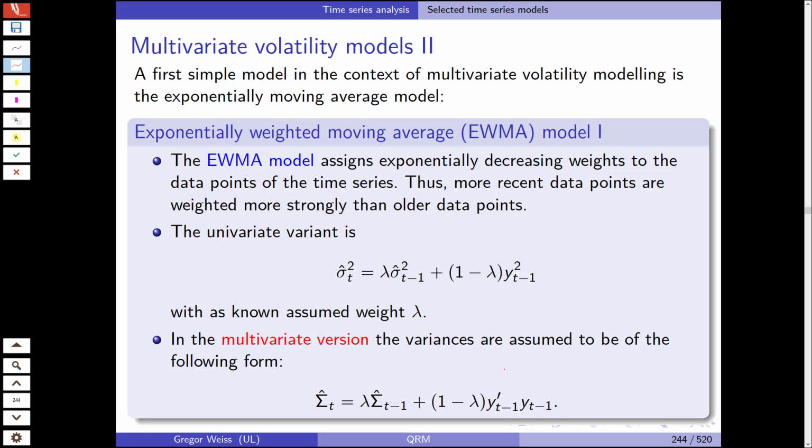Okay. A very simple first model in this context of multivariate volatility models is the so-called exponentially weighted moving average model, the EWMA model. The exponentially weighted moving average model assigns exponentially decreasing weights to the data points of the data series.